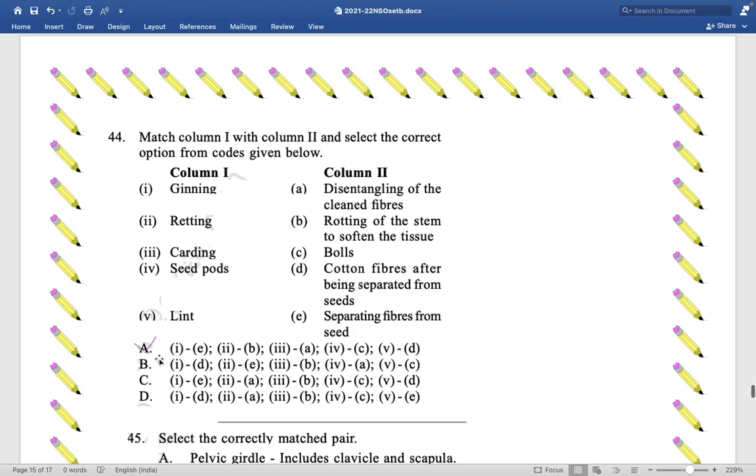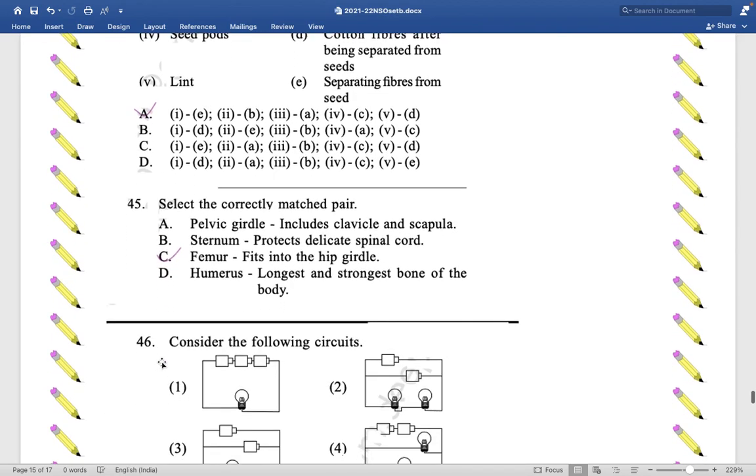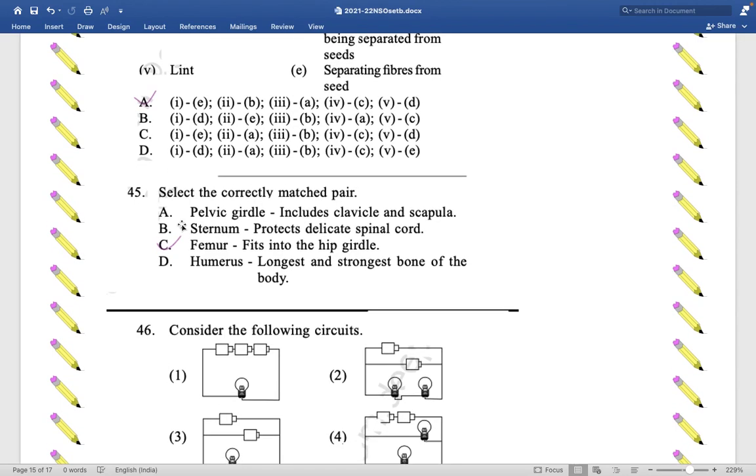A is correct. In question 45, C is the correct option. Pelvic girdle involves two hip bones. Sternum is a breastbone present just under the skin, and femur is the longest and strongest bone of the body.